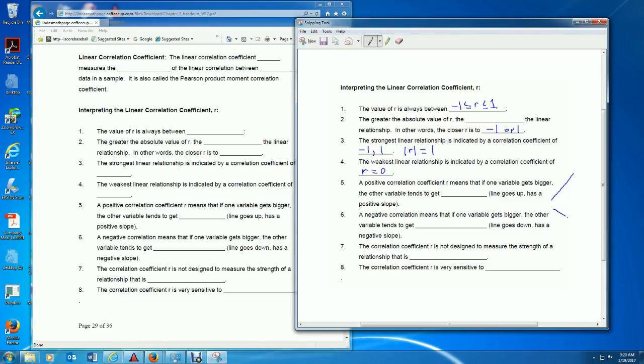In other words, the line goes down. It has a negative slope. The correlation coefficient is not designed to measure the strength of a relationship that is not linear. And also just a comment that r is very sensitive to outliers.